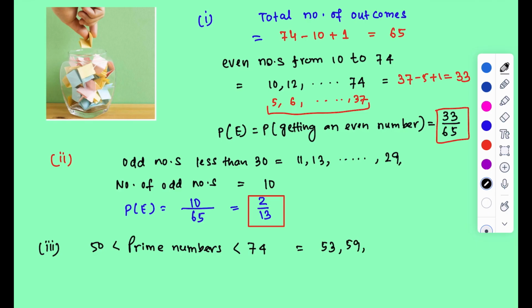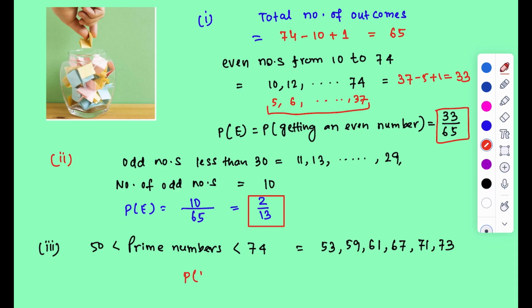Next is 59, 61, 67, 71 and 73. That means the number of favorable outcomes is 6 only.